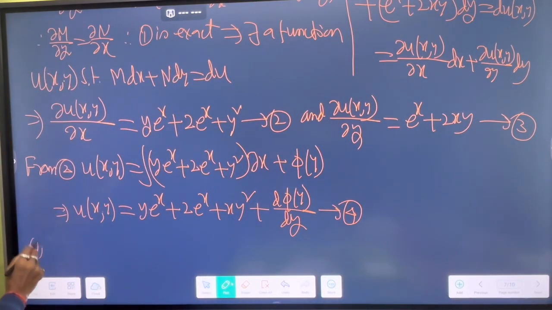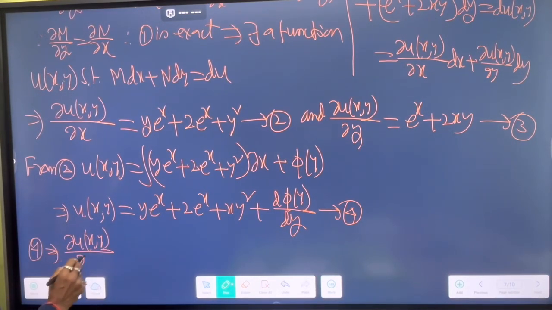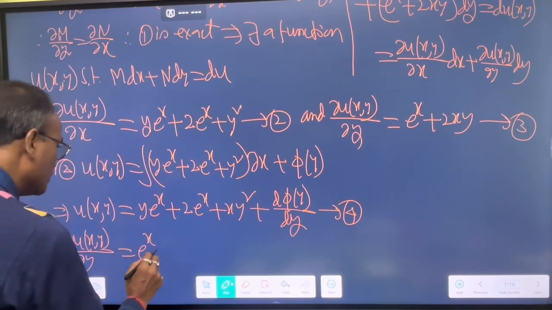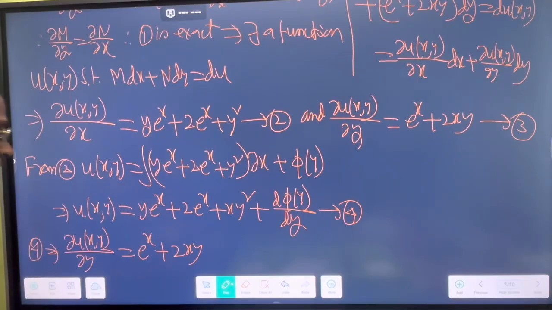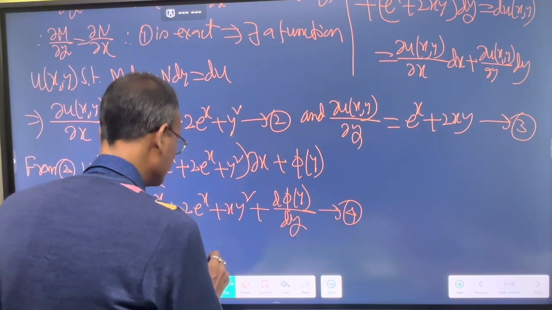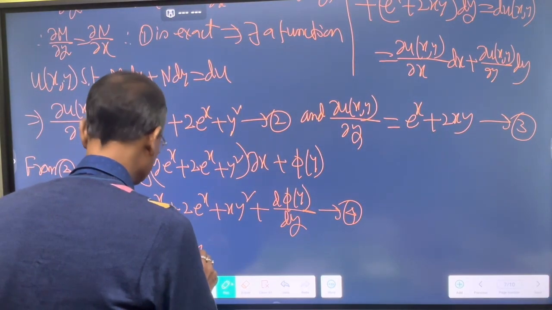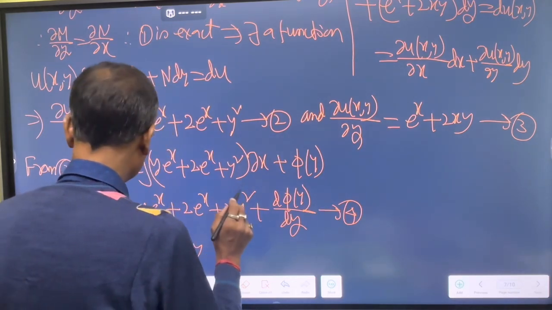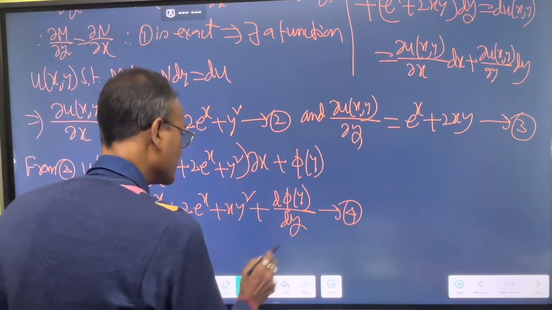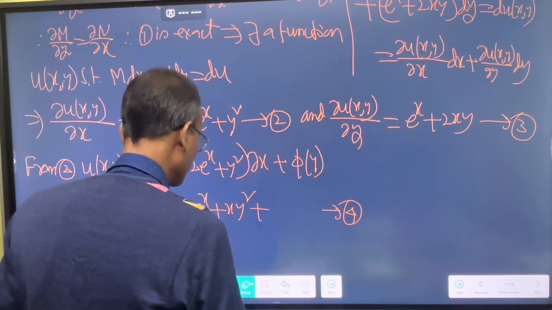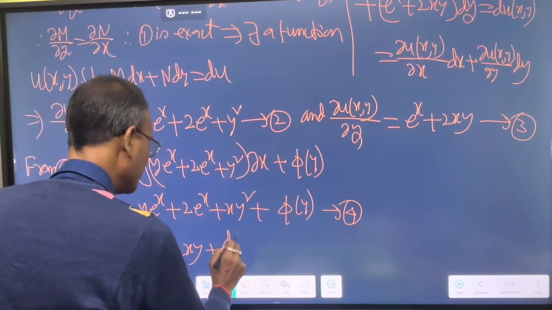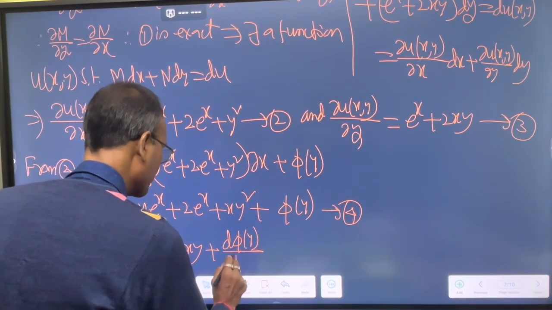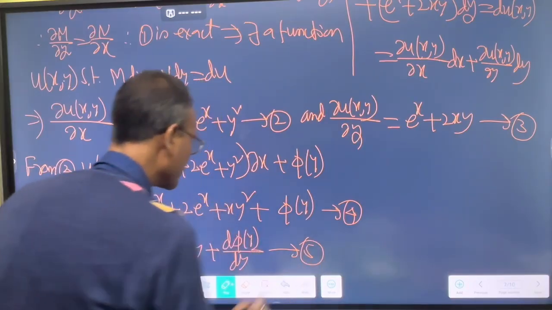From 4 you will get del U by del y equal to e to the power x plus twice xy plus, it is phi(y), with respect to y, it will be d phi by dy. This is number 5.